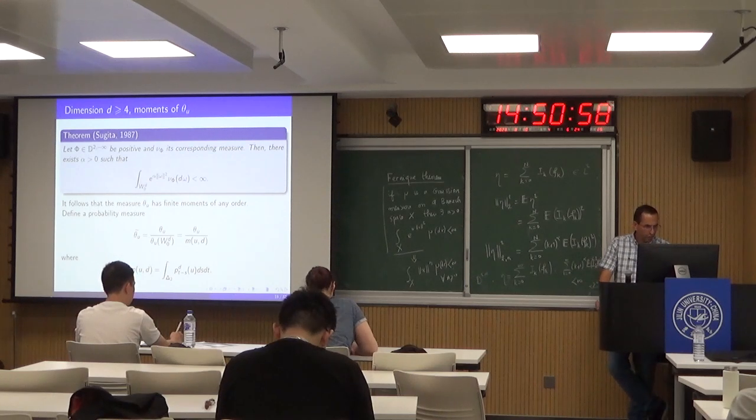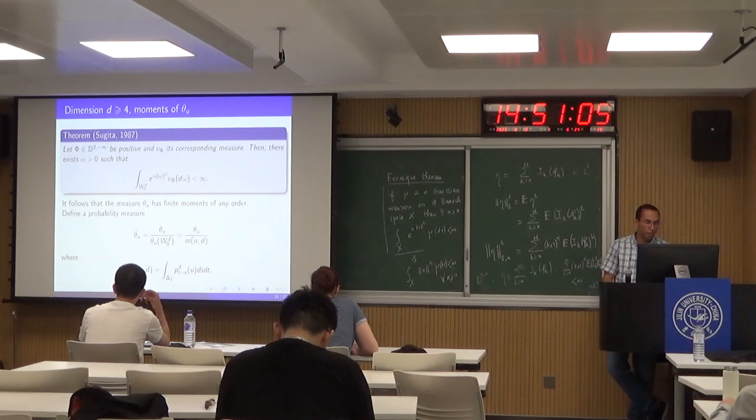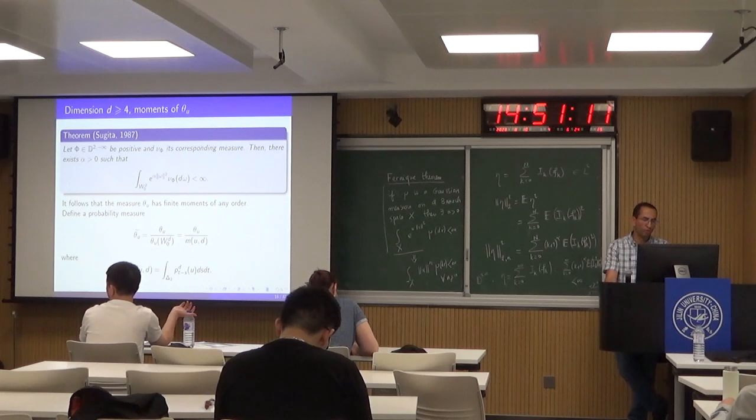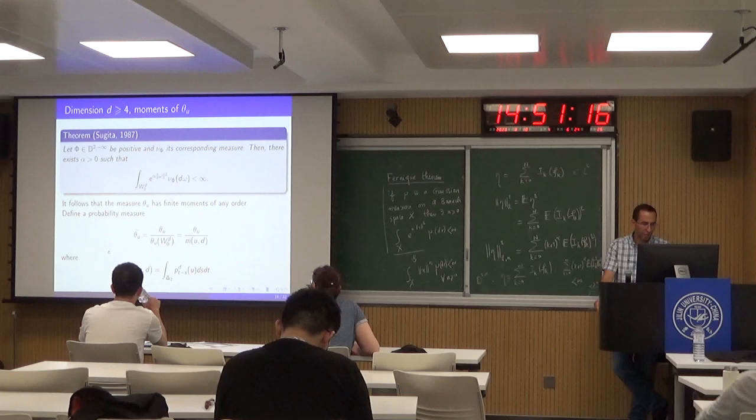Maybe later I will need to define this probability measure. Theta u is just a finite measure, but if we divide by the measure of the whole space, then of course we will get a probability measure on the linear space.